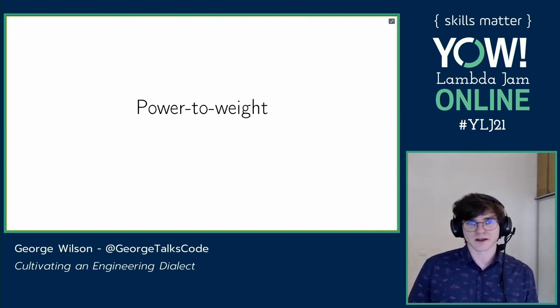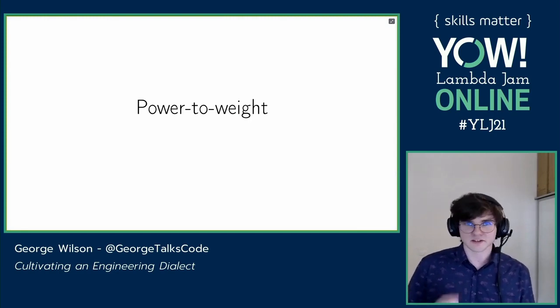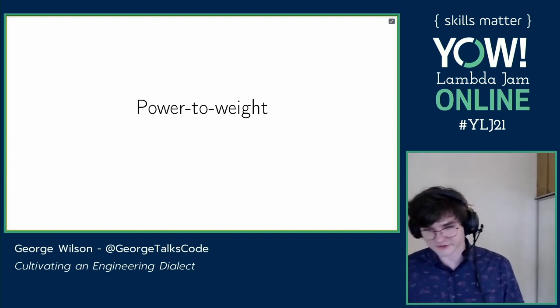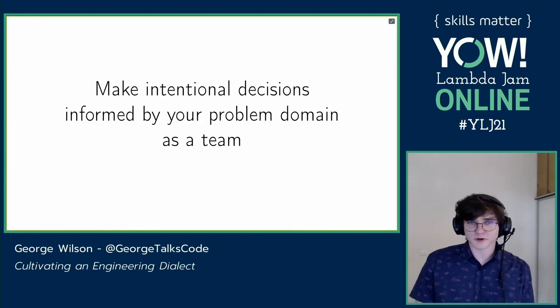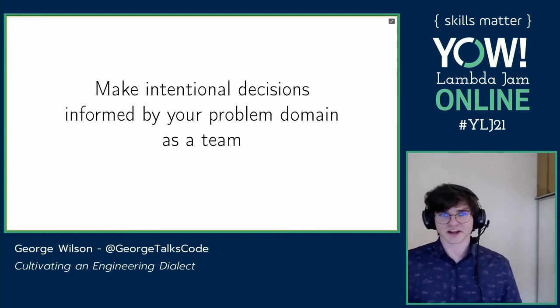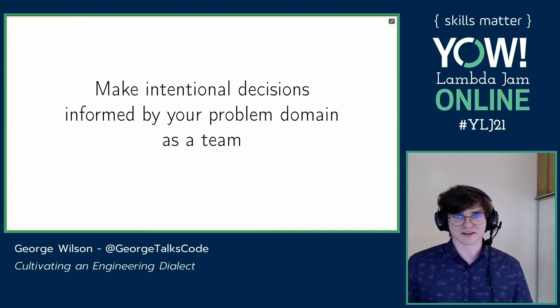You don't need it. But I think they're leaving money on the table. I think some of that power could be used for tremendous good. And so I have a proposed solution. My proposed solution is make intentional decisions informed by your problem domain, and do so as a team.